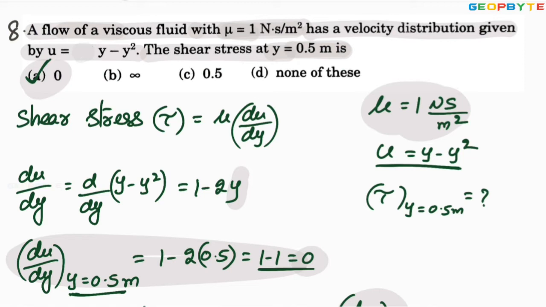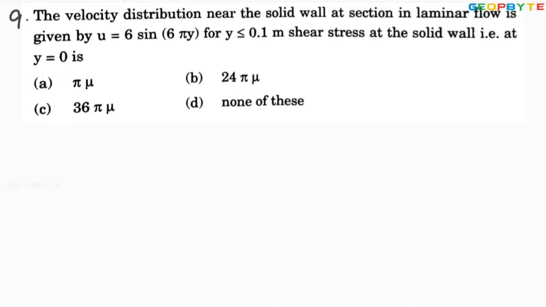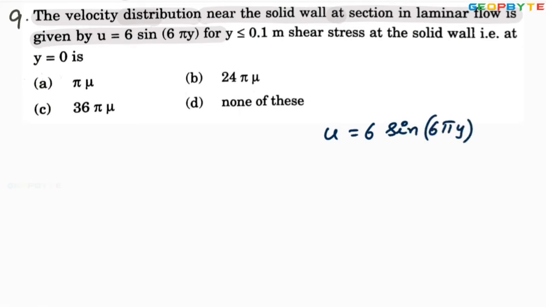Let us take one more problem. Look at the ninth problem. The velocity distribution near the solid wall at the section in a laminar flow is given by u equal to 6 sine 6 pi y.